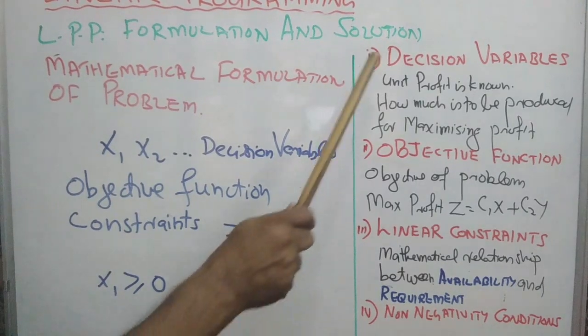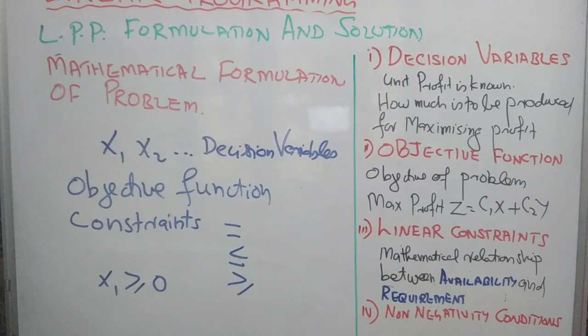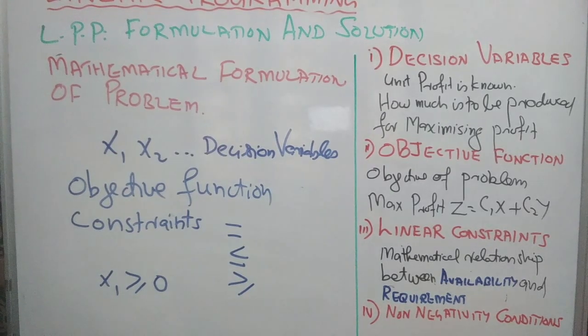One is decision variables. That is a mathematical terminology for variables which vary in magnitude and direction, denoted by x1, x2 or x, y, etc. Then our objective is to decide or suggest values for the variables such that the profit is maximum or cost is minimum.